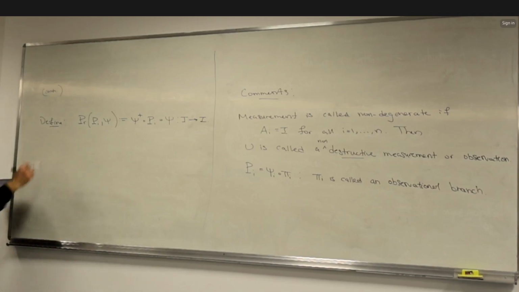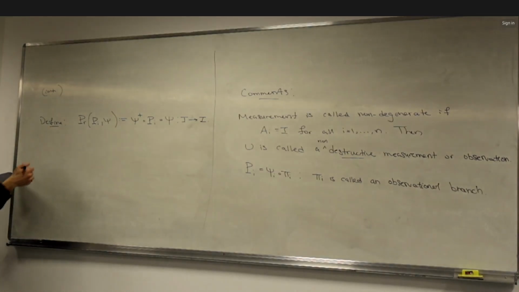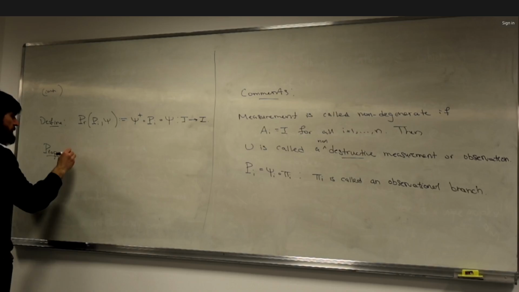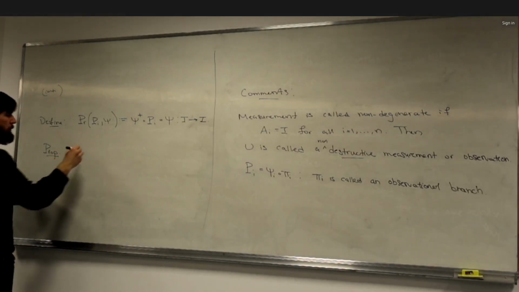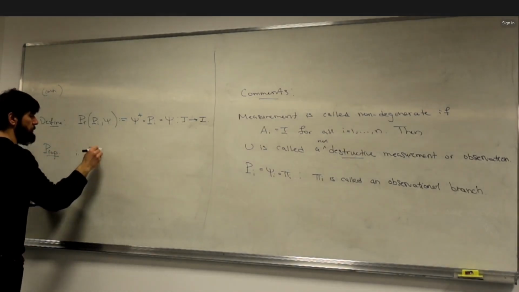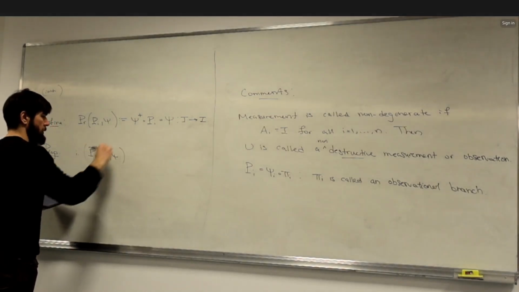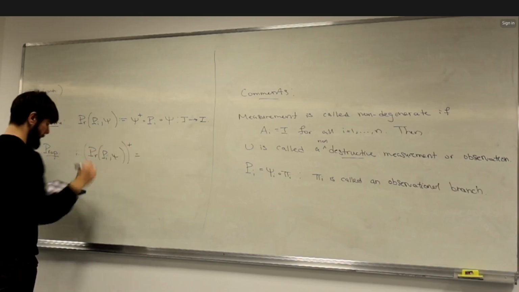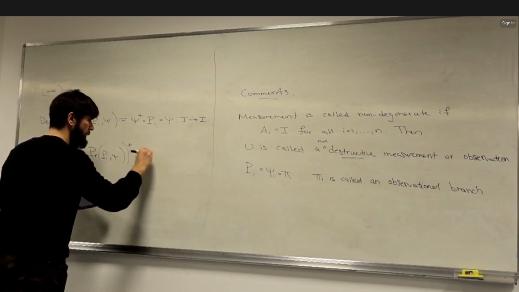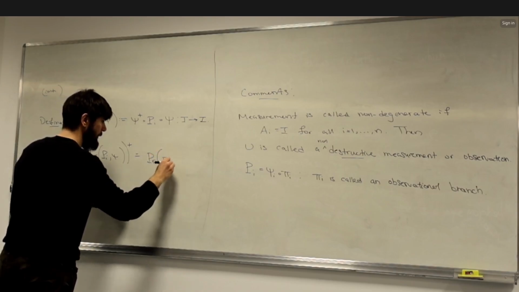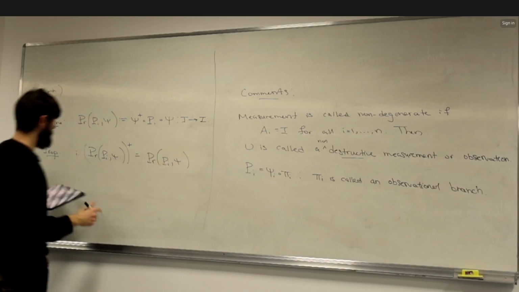So we just want to say a couple of things about this probability here. So I guess we can put this in a proposition. First, we have that PR PI psi is self-adjoint.